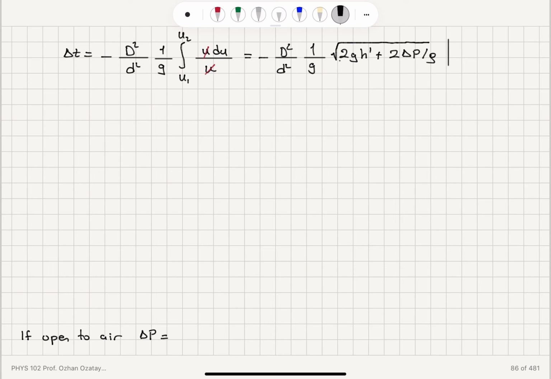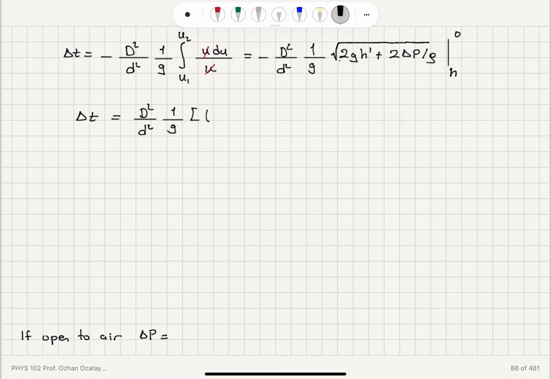So we're going from a height h to a height 0. Okay, so this gives us delta t is equal to capital D squared over d squared, 1 over g.